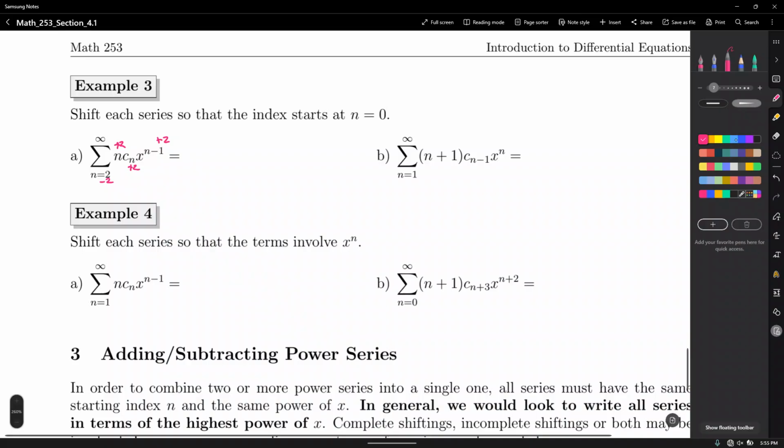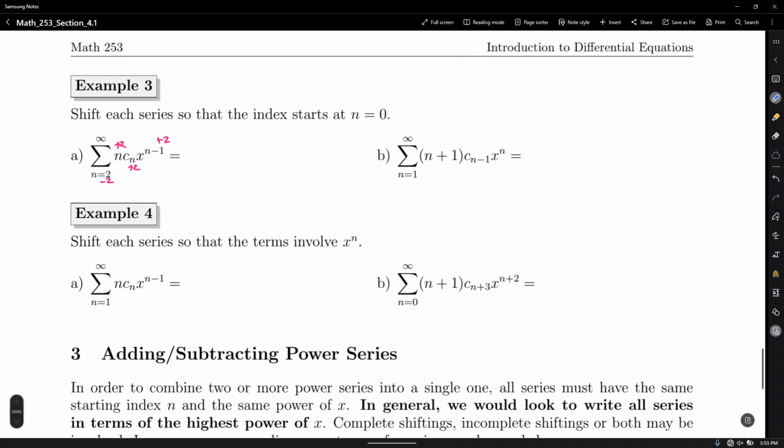So here we go. That is then sigma n equals 0 to infinity n plus 2 c sub n plus 2 x to the, what is 2 minus 1, is that n plus 1? So this would be the new series after shifting the index, with a starting index at n equals 0.